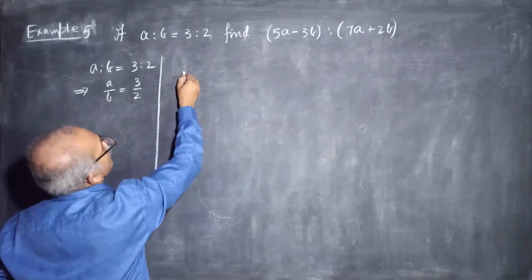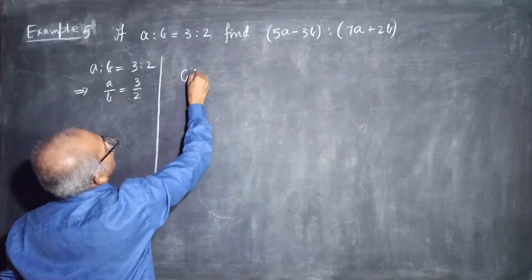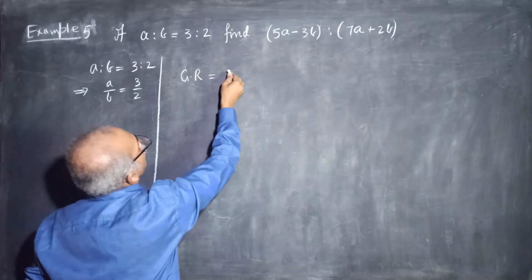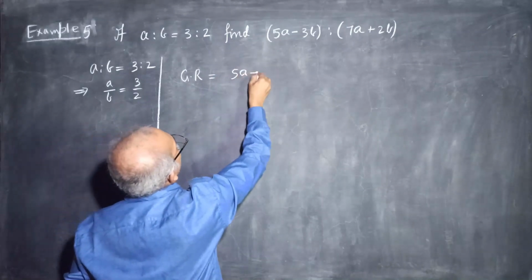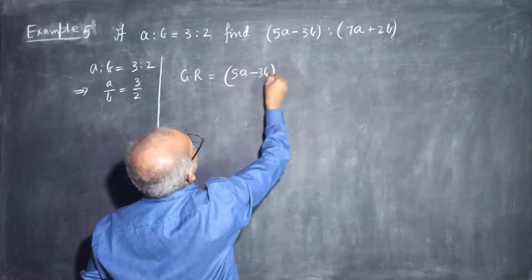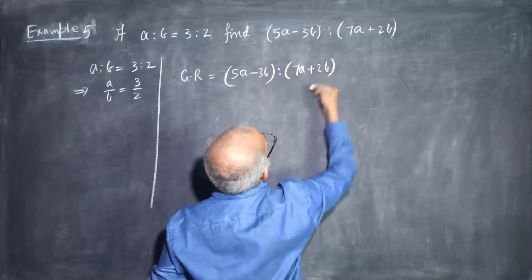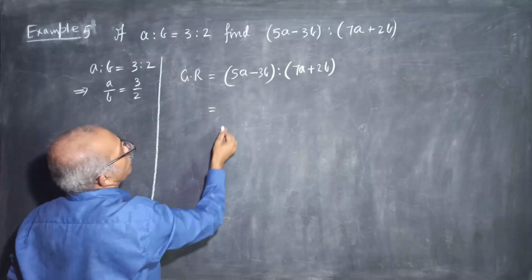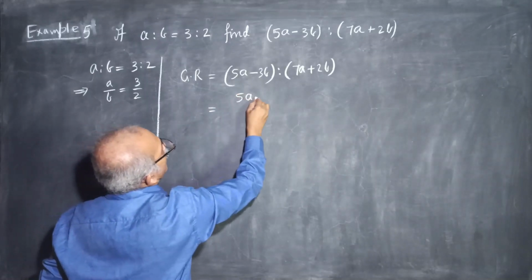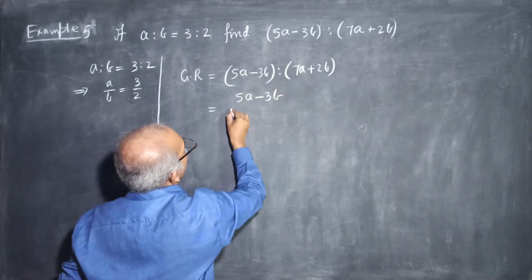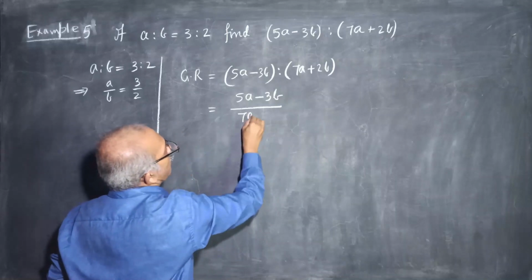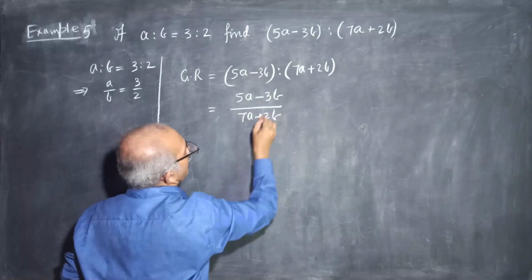Now given ratio is equal to 5A minus 3B is to 7A plus 2B. This is equal to 5A minus 3B divided by 7A plus 2B.